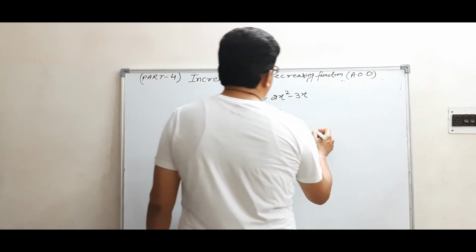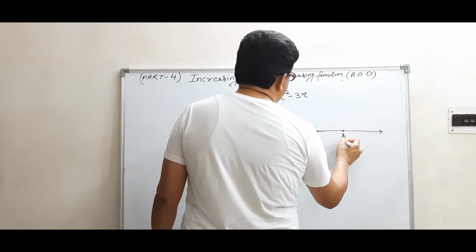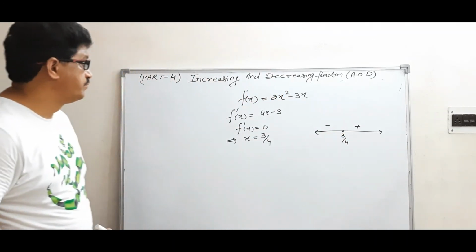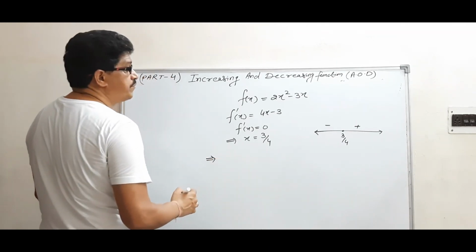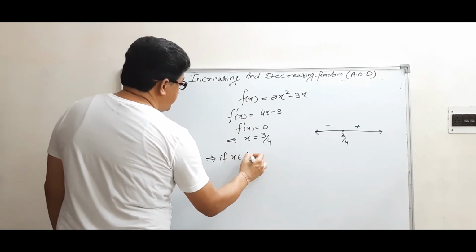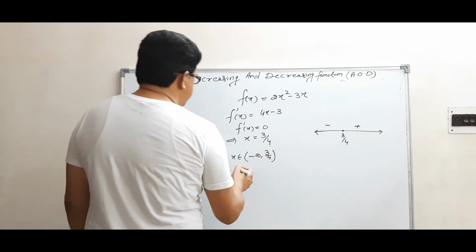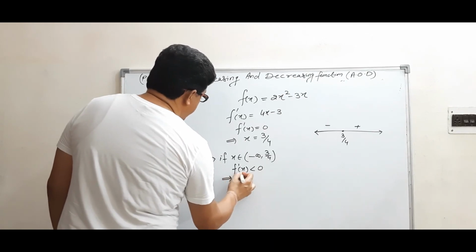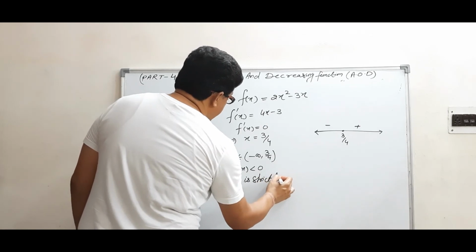We can put this on the number line: 3 by 4, with plus and minus signs. This implies if x belongs to minus infinity to 3 by 4, f dash x is less than 0, f is strictly decreasing.